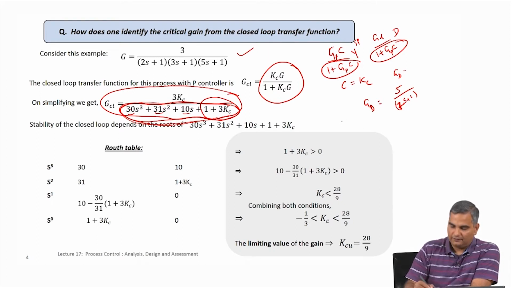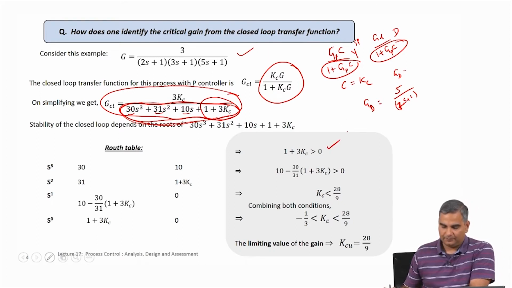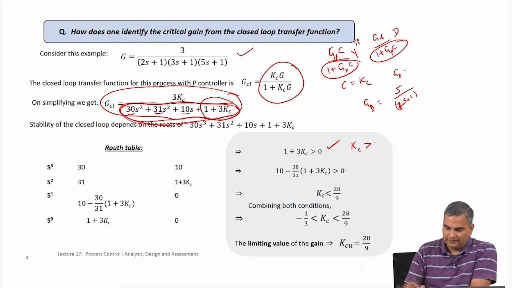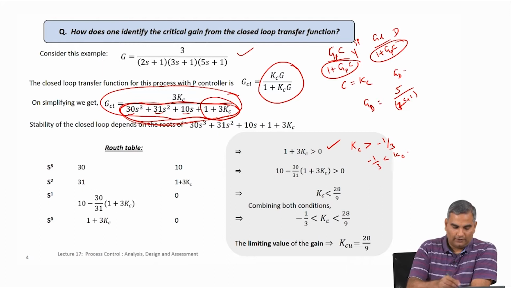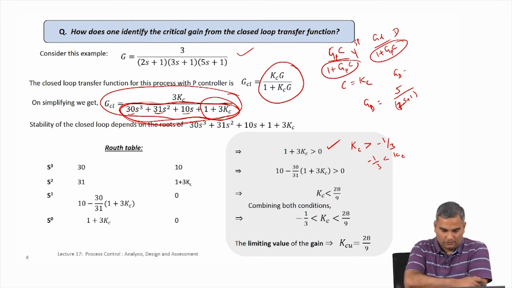We should also have 1 plus 3 Kc greater than 0. This is the first condition that we look at. This basically means that Kc is greater than minus 1 by 3, or you can write minus 1 by 3 is less than Kc. So both of these are okay. Every term in this polynomial should be positive, and that gives you this condition.